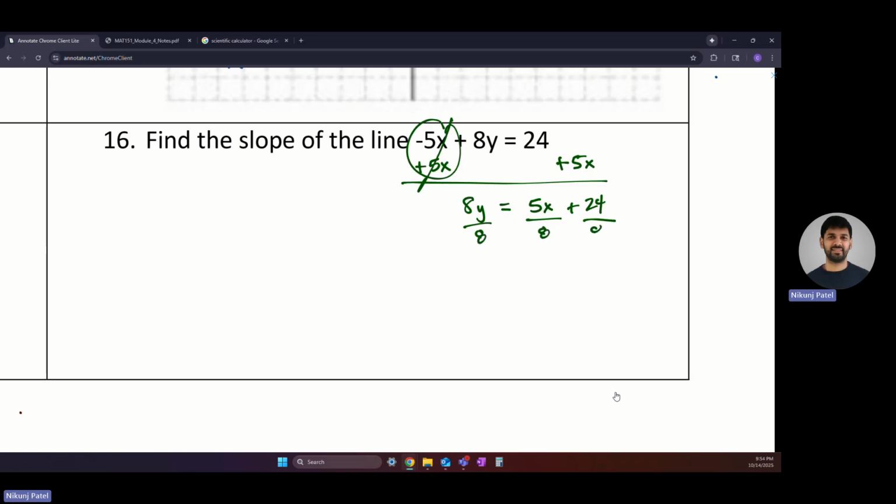Really, I don't need to do the entire problem, but just to be thorough, 5/8, there's our slope. You could technically stop there and say that's your slope, but just to be thorough, 24 divided by 8 is 3. This is your equation, but your slope here is just that fraction or the number. It doesn't always have to be a fraction, but in this case it is 5/8, which is in front of the x. That's your slope.